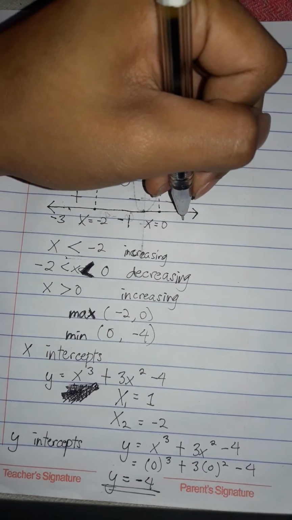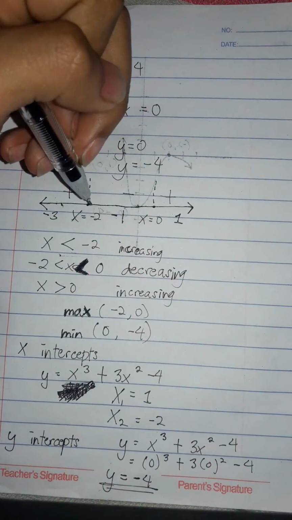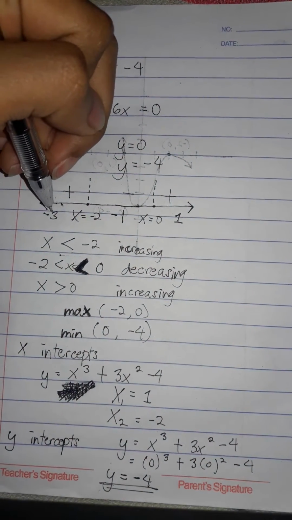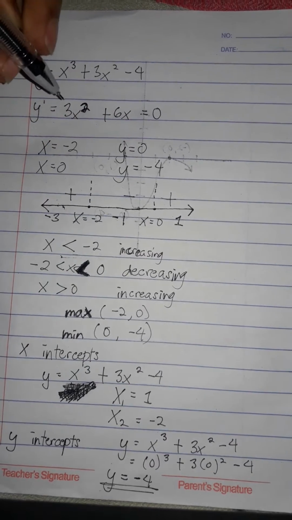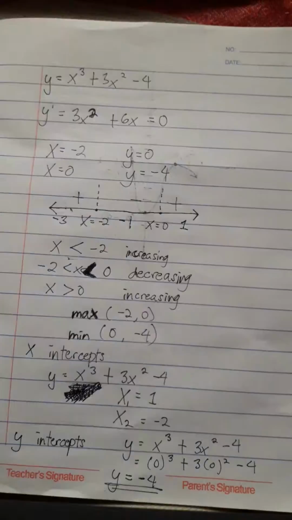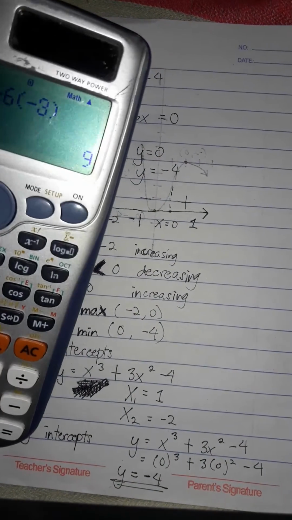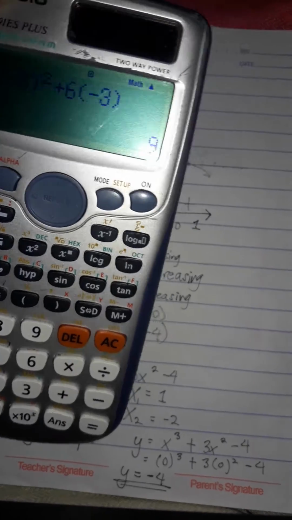So we're gonna choose the number 1. So if we substitute this negative 3 into this equation, we would get positive 9.